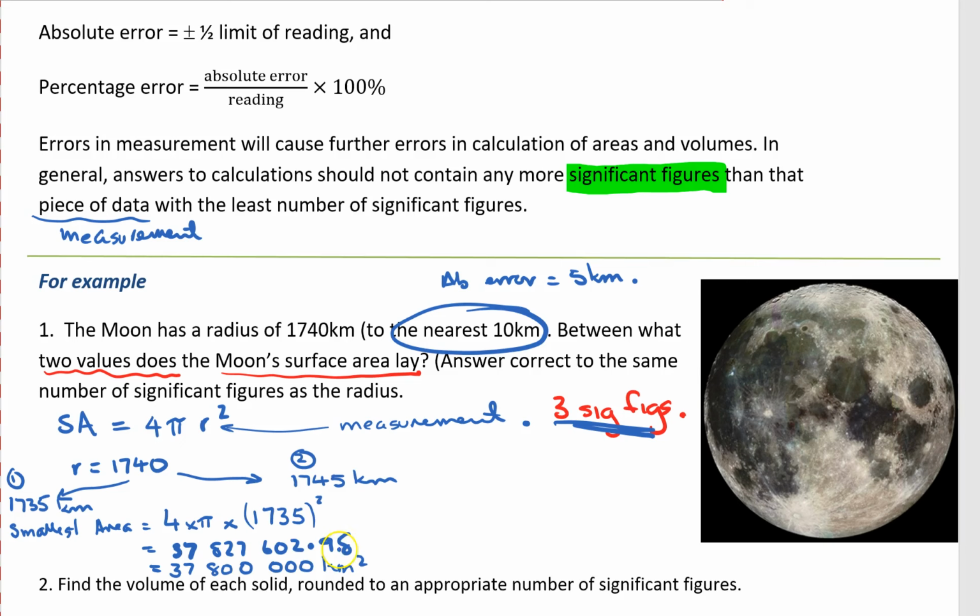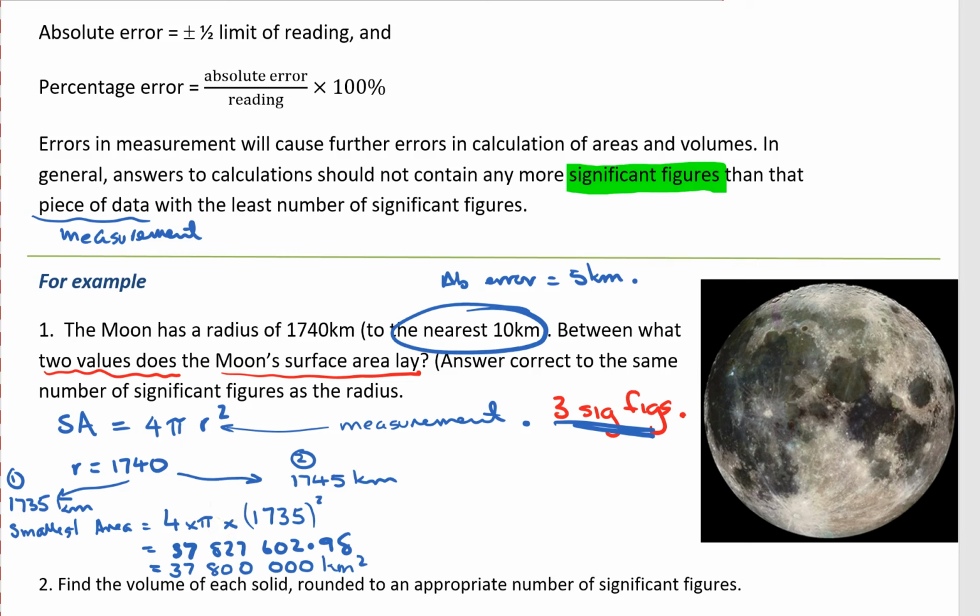So rather than that, which we realistically couldn't be that accurate, although our calculator is giving me these numbers, it says that we should only be giving our answer to this area to as many significant figures as the measurement that I've used. The measurement for the radius was only given to 3 sig figs. I should cut this 37,827,602.98 back to 3 sig figs.